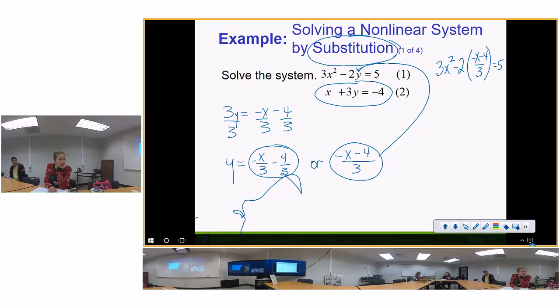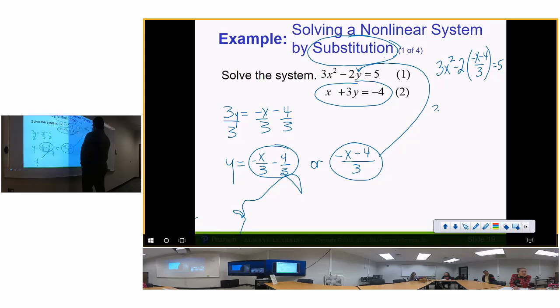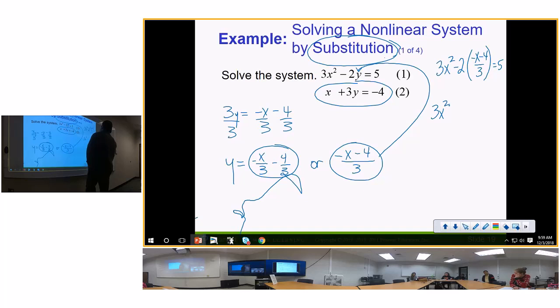And that's going to be 3x squared. And it's going to be a mess. It's going to be -2/3 times -x minus 4. I just brought the 1/3 out. That's 1/3.